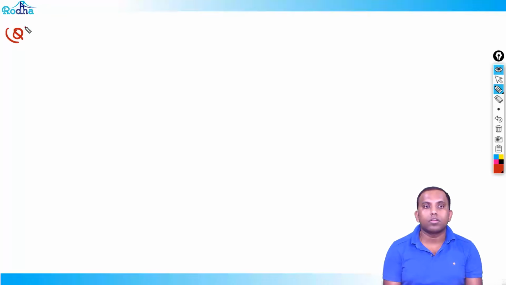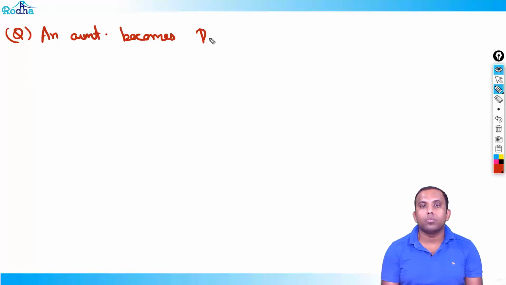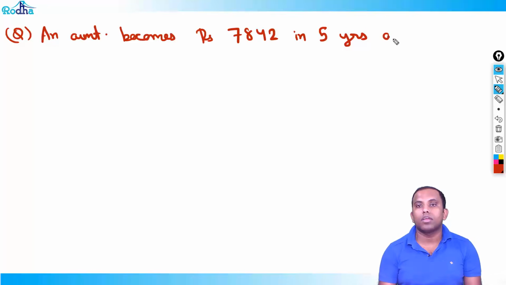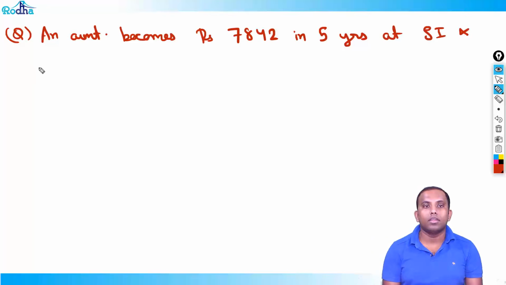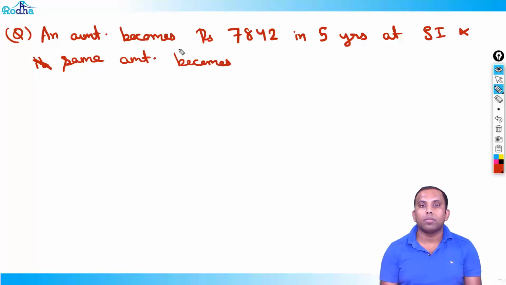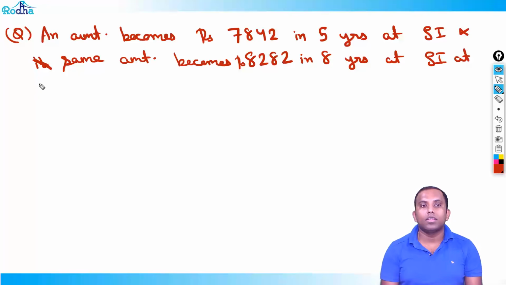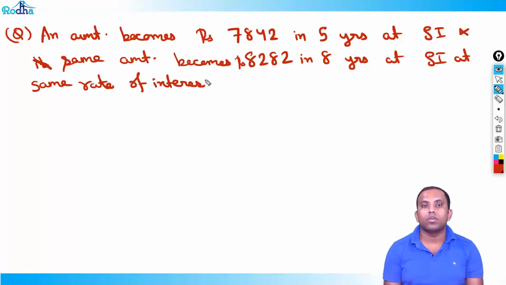An amount becomes rupees 7842 in 5 years at SI, and the same amount becomes rupees 8282 in 8 years at SI at the same rate of interest.